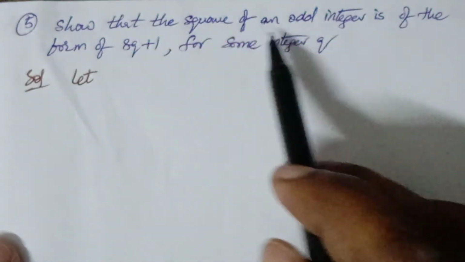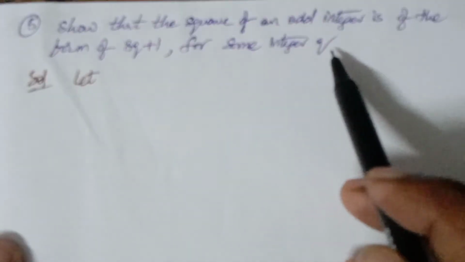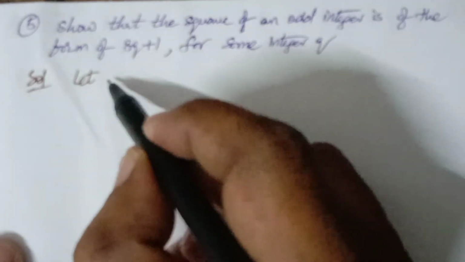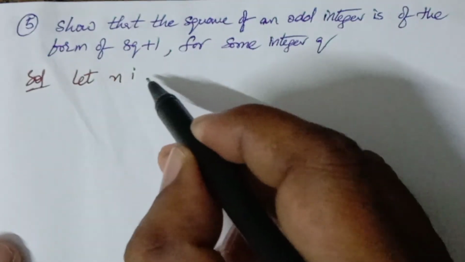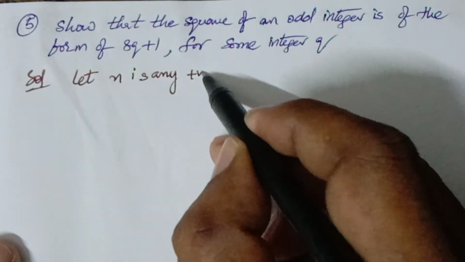Show that the square of an odd integer is of the form 8q plus 1 for some integer q. Let n be any positive odd integer.